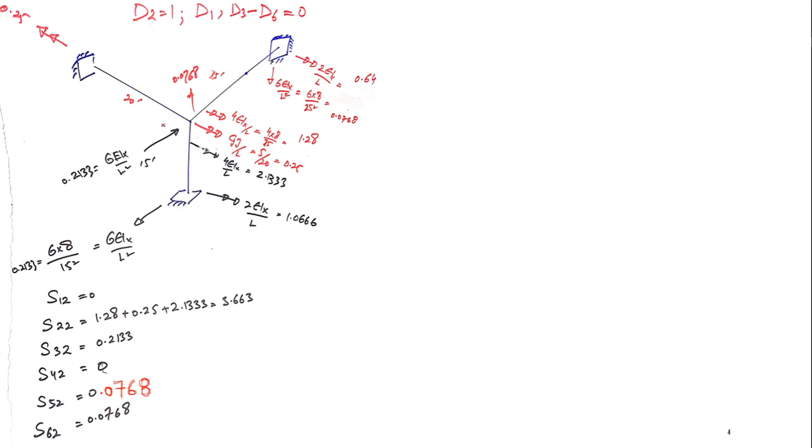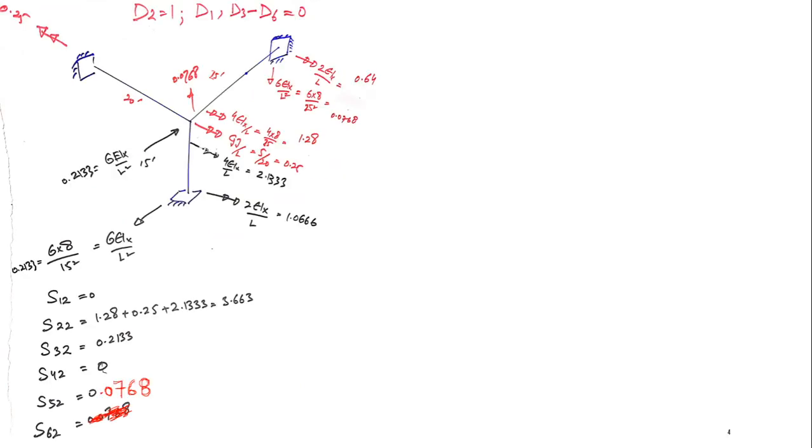Actually S62 should be 0 because D5 is vertical, so this should be 0, because there is no moment in vertical direction here. No moment is there in vertical direction corresponding to D6. D6 would be the moment here. So there is no moment here, so it should be 0.